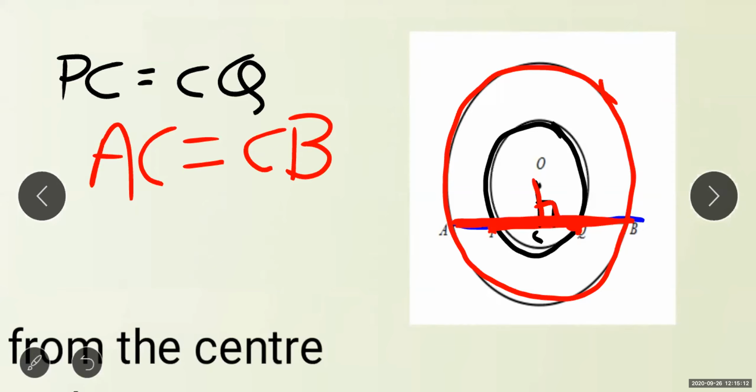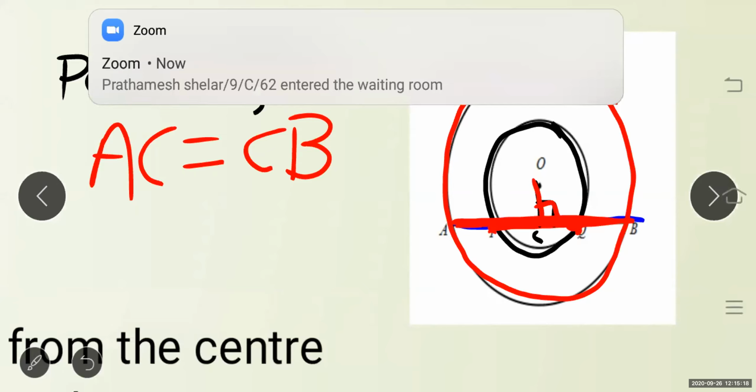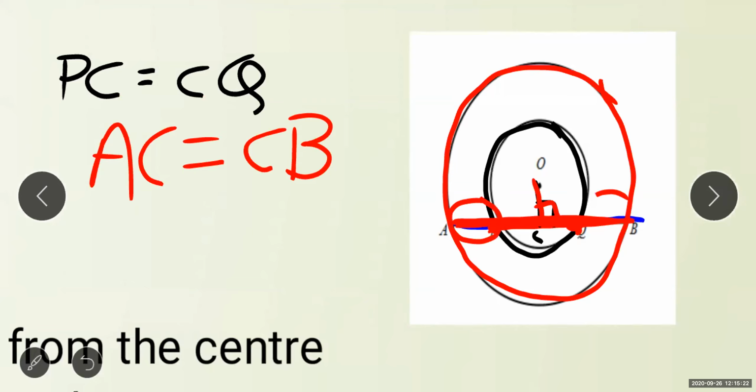Now, what we have to show is that AP is equal to this smaller part, BQ. How will you show this?